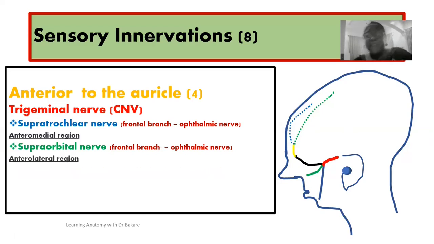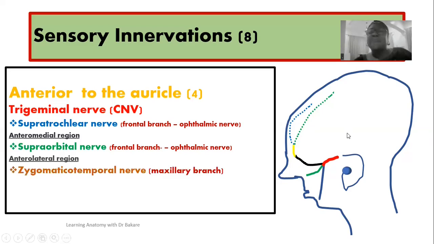So we have the third branch, and this is the zygomaticotemporal nerve. This zygomaticotemporal nerve is a branch from the maxillary nerve, which of course is the second branch of the trigeminal. Remember when we tried to highlight the trigeminal nerve, we highlighted in red, we said that it has three branches. It has the ophthalmic nerve, it has the maxillary nerve, and it has the mandibular branch.